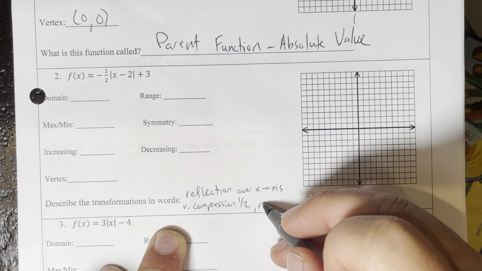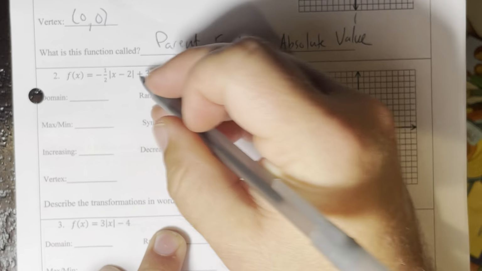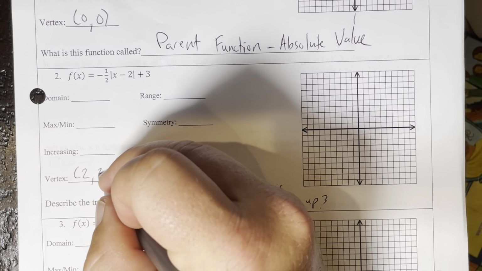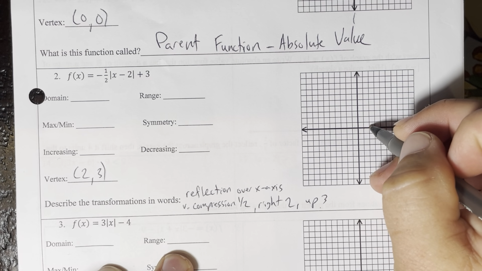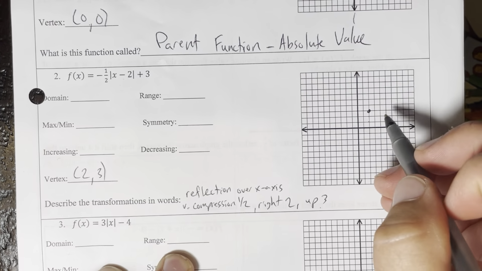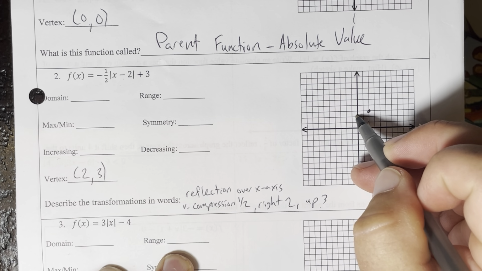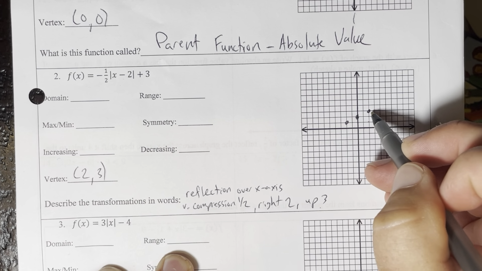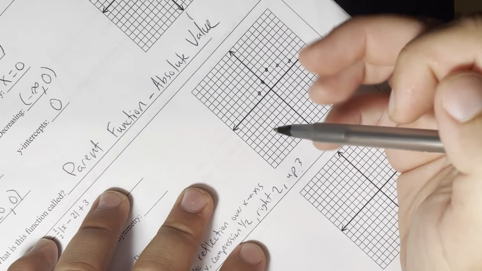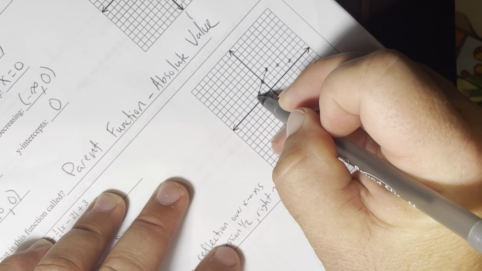We're going to the right 2 and up 3. So right 2, up 3, that's my vertex, 2, 3. My slope on this one is a negative 1/2, so we're going down 1 over 2, down 1 over 2. Do the same thing to the right side as well, down 1 over 2, both directions. And then we can draw that graph.